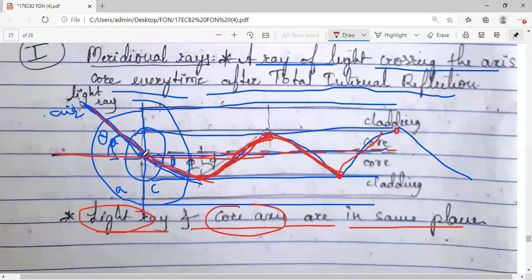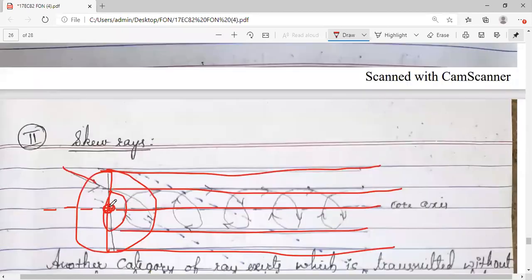Unlike the previous case, where it hits at the center and undergoes refraction, here the center is somewhere here and the ray is somewhere here. So there is no necessity that the ray should be within this angle. It is decided by some other parameters, and the value of the acceptance angle is different for skew rays.